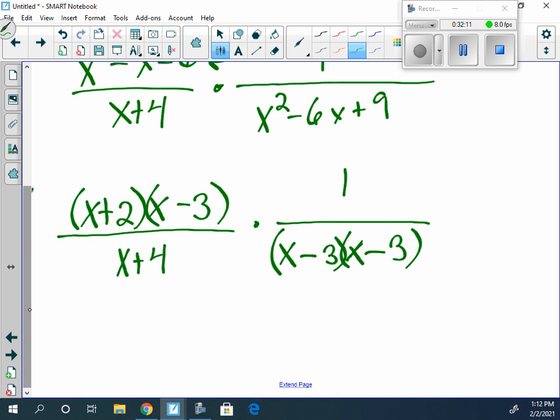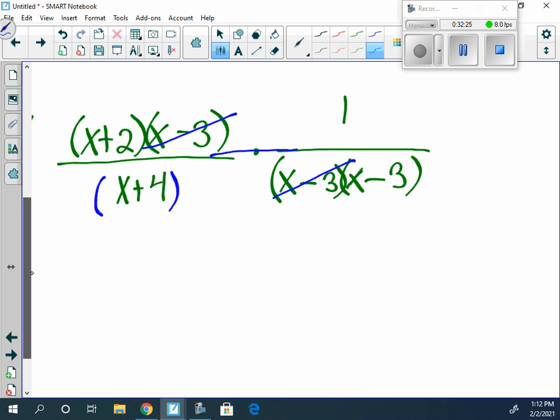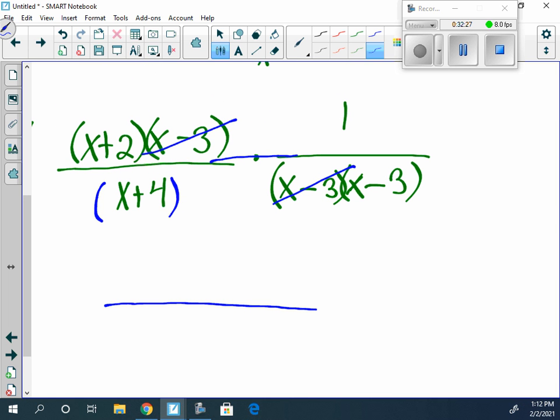And now that we have everything factored, we can go on and multiply these together. Now, one of the x minus 3's is going to cancel with one of the x minus 3's. Well, I think that's about it, because there's nothing else left in common on top and bottom.